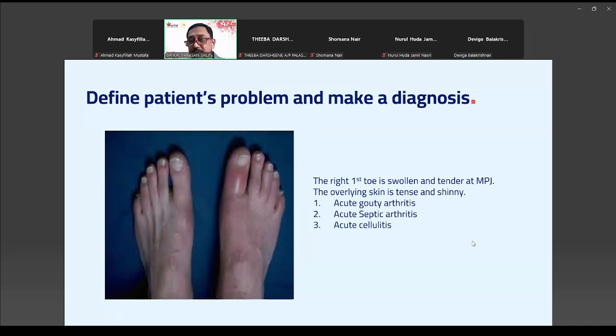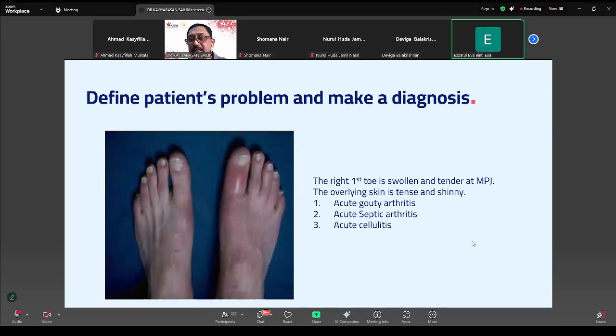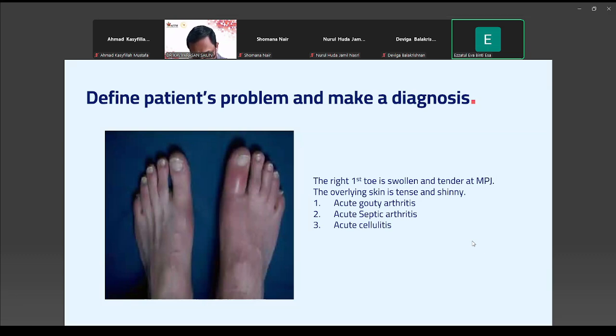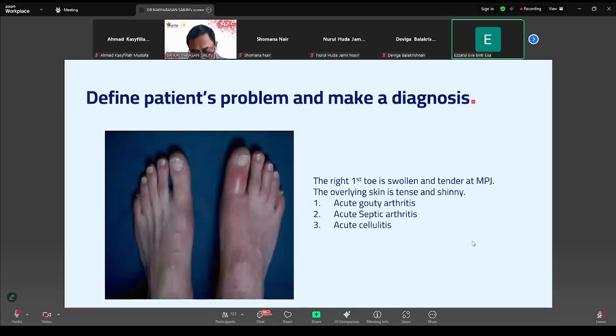I can't hear you. Hello, doctor. Yeah, Izzatul, if it was a septic arthritis, what would you do? First of all, I will do proper examination and investigations, then take FBC to look for the total white cell, any infection screening. And then I will refer to ortho as well for the septic arthritis.